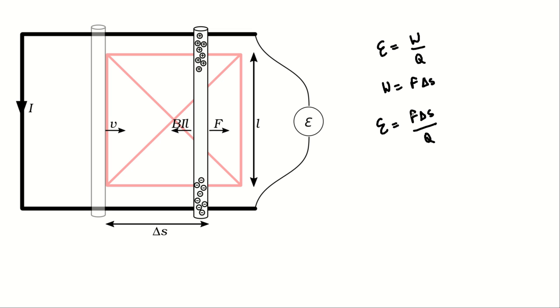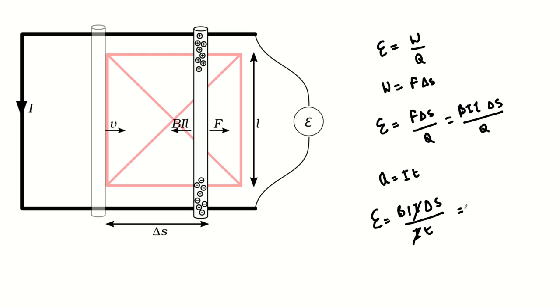We also know that the force is BIL, so we have BIL delta S over Q, but we also know that Q equals IT. So if I substitute that in there, we get the induced EMF is equal to BIL delta S over IT, and of course the I's cancel out, so we end up with BL delta S over delta T.